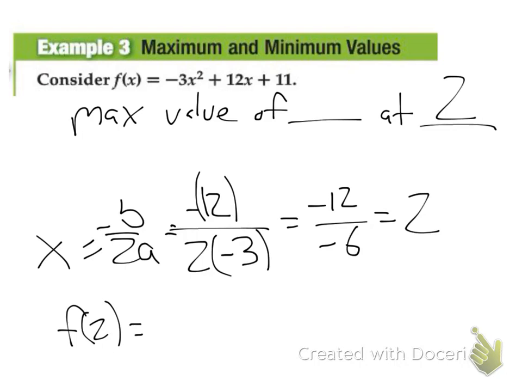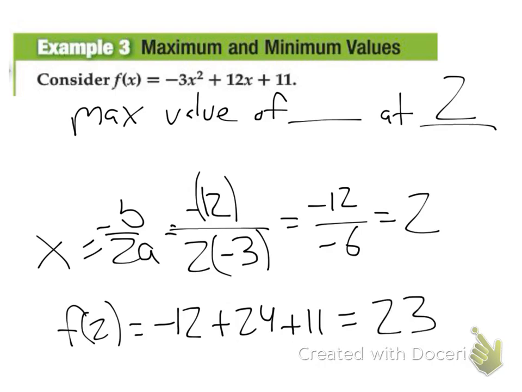So, without having to do the whole thing, I'm just going to do this in my head. What's 2 squared times negative 3, plus 2 times 12, and I'm going to add 11 to it. I think we end up with 23. So, the statement that we need to say: this graph has a max value of 23 at 2.